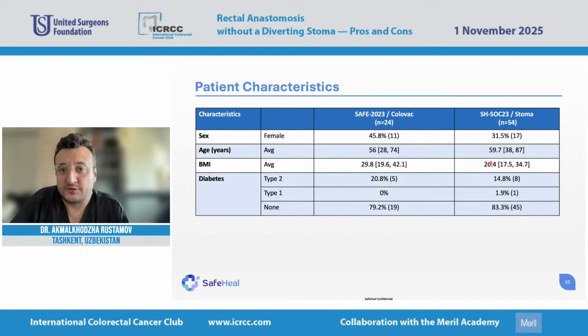The sex distribution was balanced, with 46% females in the Colovac group. Regarding comorbidities, 20% of Colovac patients had type 2 diabetes, compared to 14% in the standard group. Overall, the two populations were clinically comparable, providing a reliable basis for performance and safety assessment.